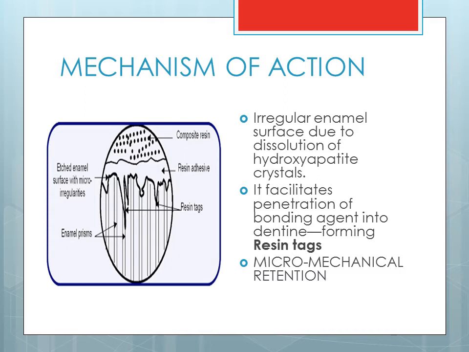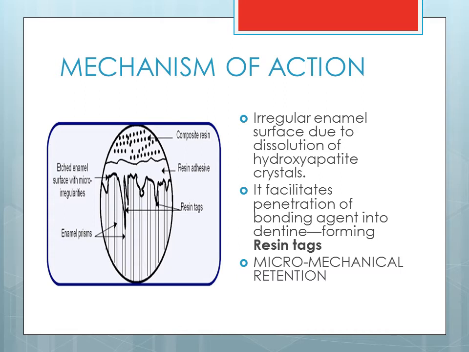This is the concept of micromechanical retention. It is a kind of mechanical retention because it's not chemical bonding; the resin is going inside the irregularities and getting interlocked. Because they are microscopic in nature, it is known as micromechanical retention, and this kind of retention or bonding is present in composites.